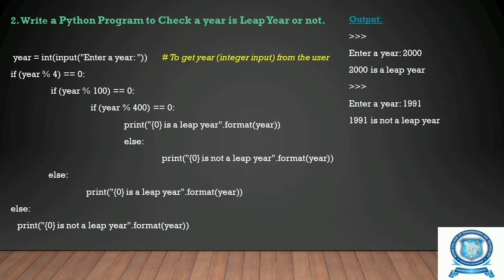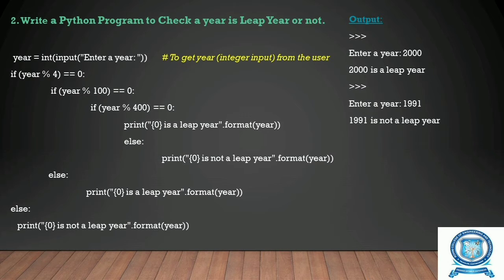If it is retrieving 0, then again we are checking if that year modulo 400 is also equal to 0. If all these conditions are satisfied, we are going to print that year is a leap year, or else we are printing that year is not a leap year. This is the case of finding the leap year or not.